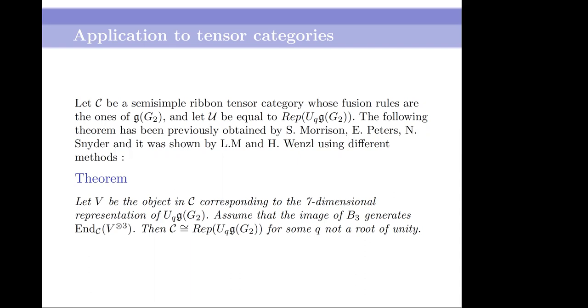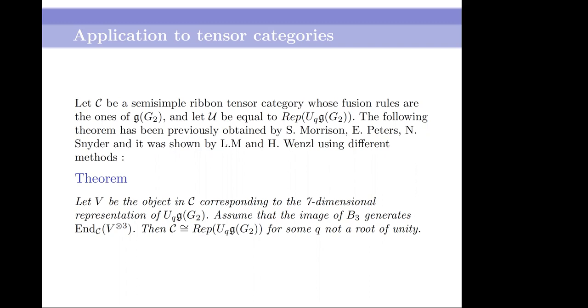So this gives a classification of the tensor categories with the fusion rules coming from G2. But the Kazhdan-Lusztig theorem basically says that if you have a representation category of the quantum group, then it is equivalent to a suitable category of the affine Lie algebra.